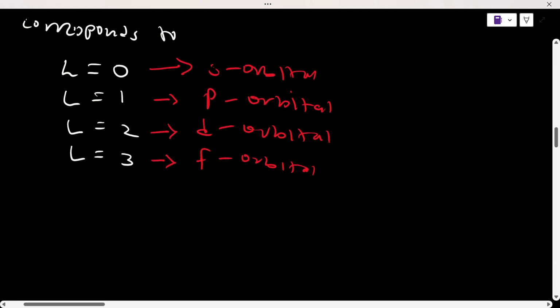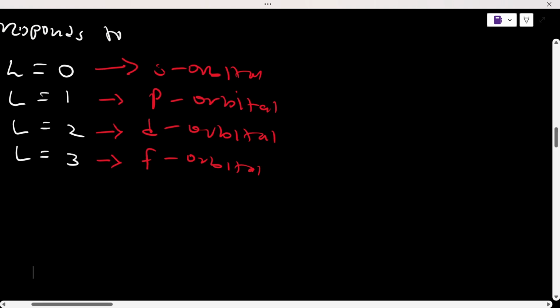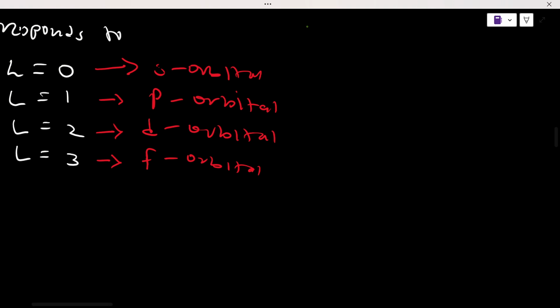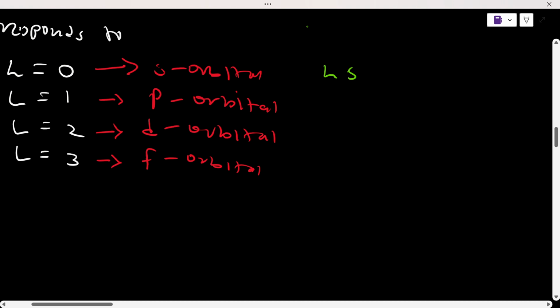So when I'm writing the electronic configuration, because I'm dealing with the fourth orbital, I'm going to have 4s, 4p, 4d, and 4f.